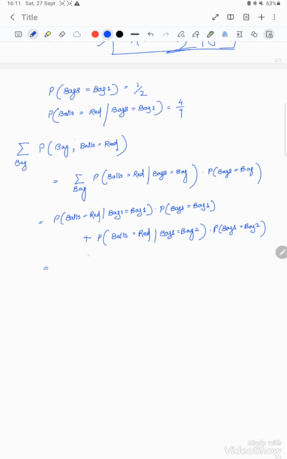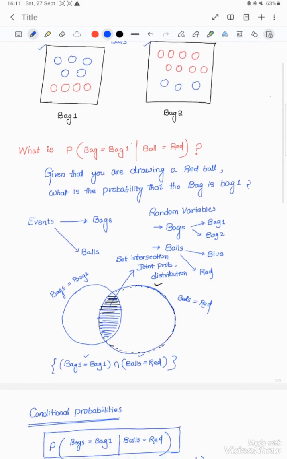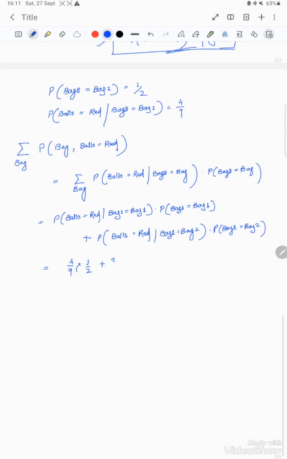The first one, you know, is 4 by 9 into half, plus the probability for bag 2, which is 8 by 11, into half. In this way you will have the marginal setup.